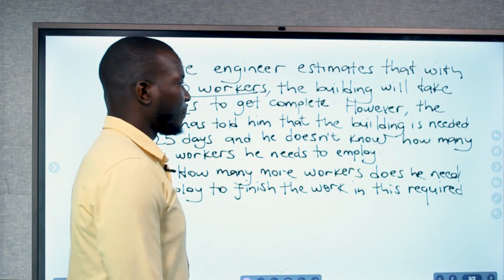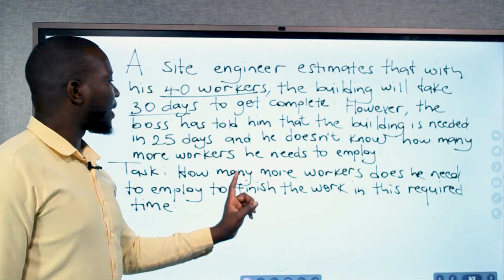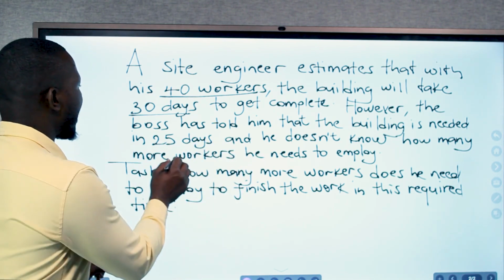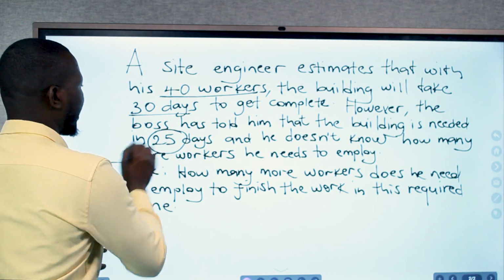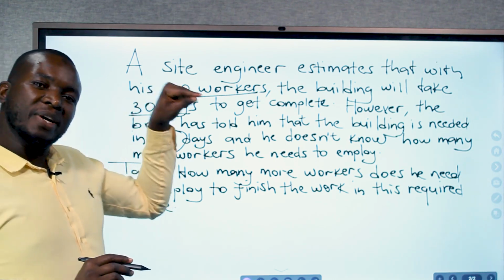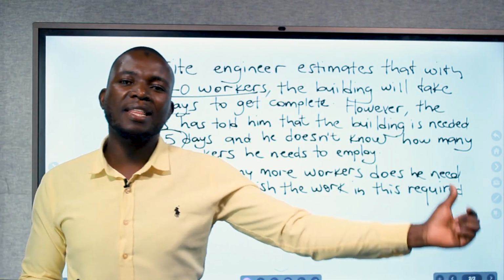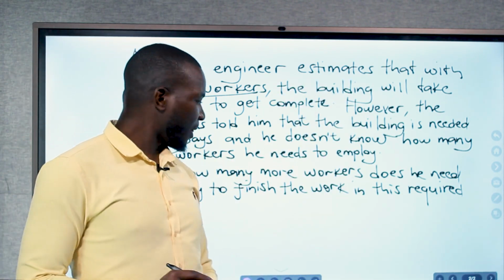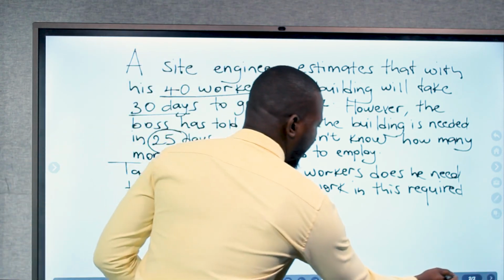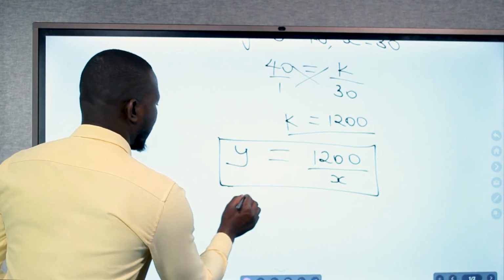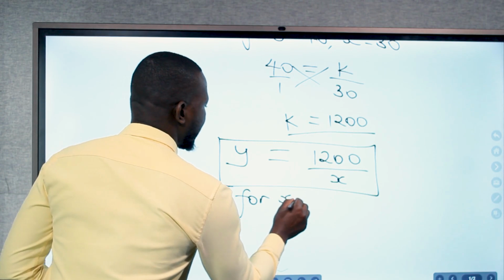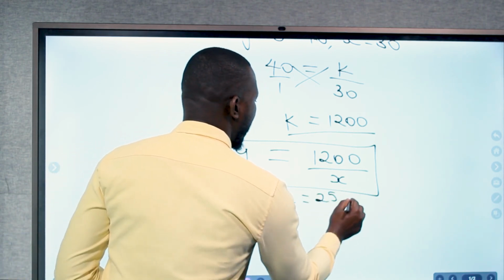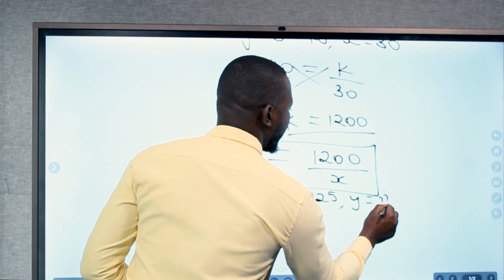But what happened today? The boss told the site engineer that the work is needed in 25 days. It means that they have given you x. Now they want you to get y using the equation that you've formulated. So you will say that for x equal to 25, the required number of days, what will be y?